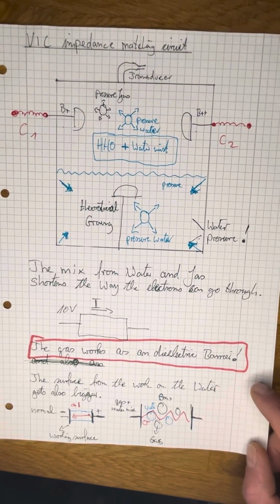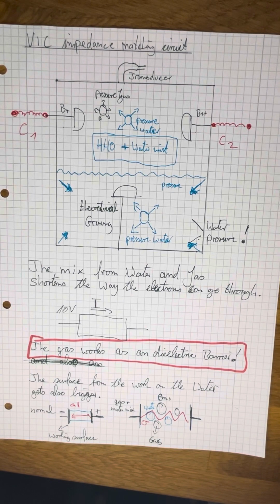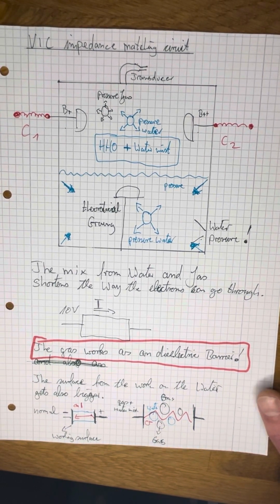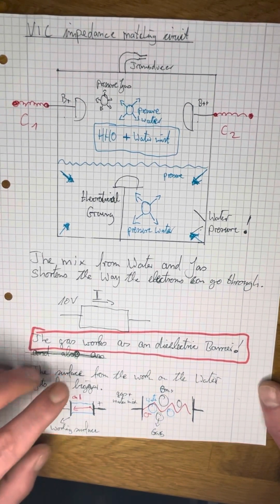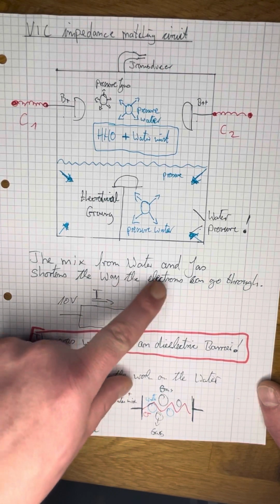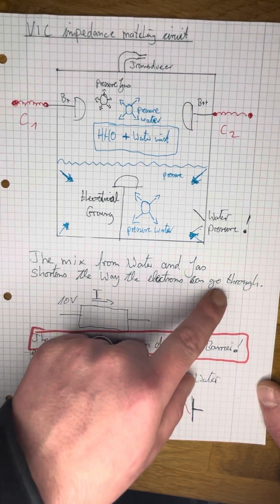I have got here the cavity. So the mix of water and gas shortens the way the electrons can go through.